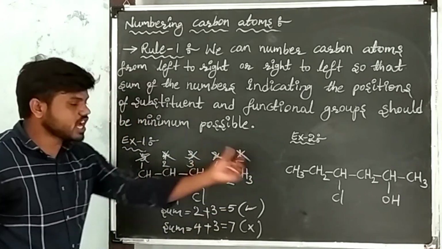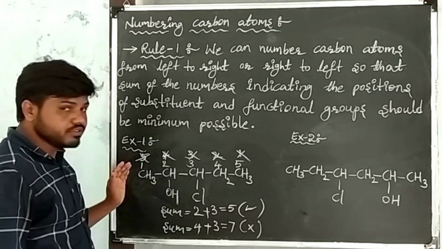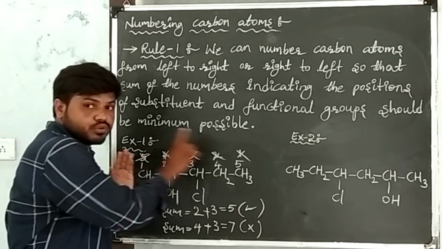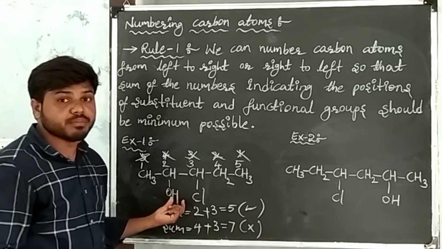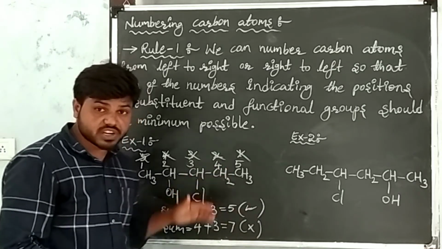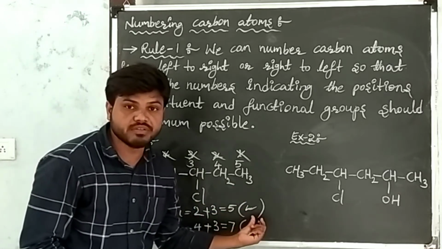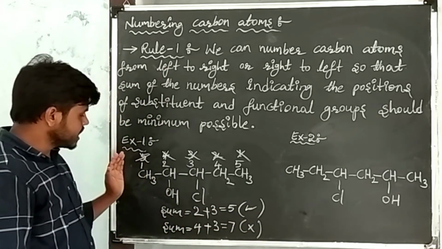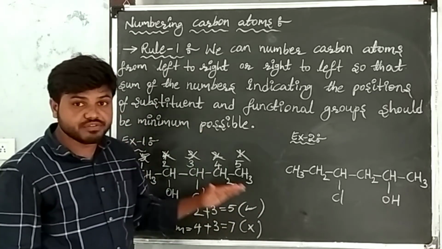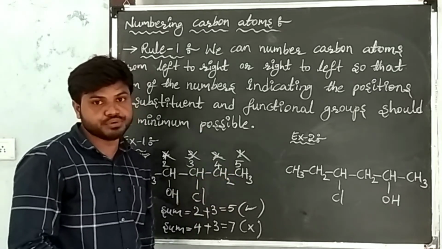So for this carbon compound, we should give the numbers from left to right. Then only we get the sum of the numbers indicating the functional groups to be the minimum possible value.